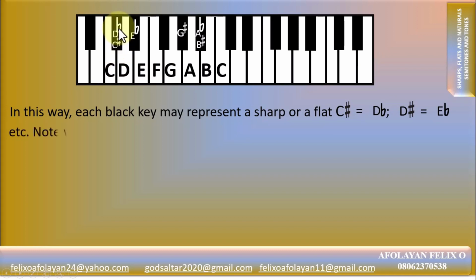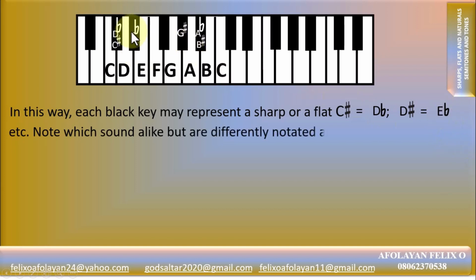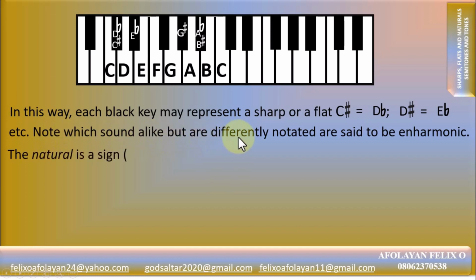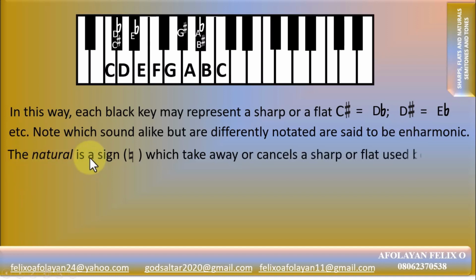At the same time, D sharp is equal to E flat, etc. Notes which sound alike but are differently notated are said to be enharmonic.